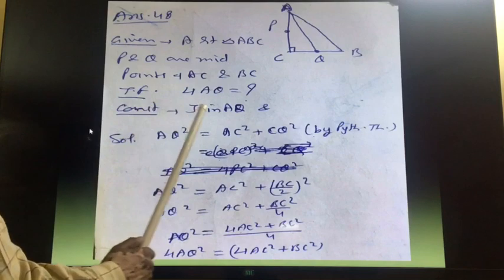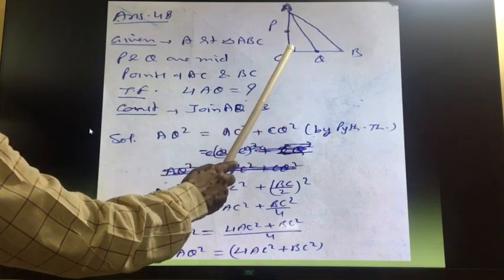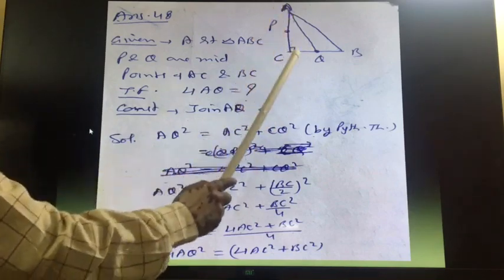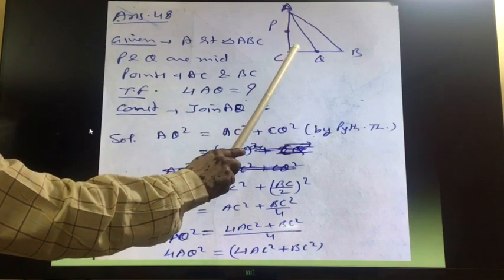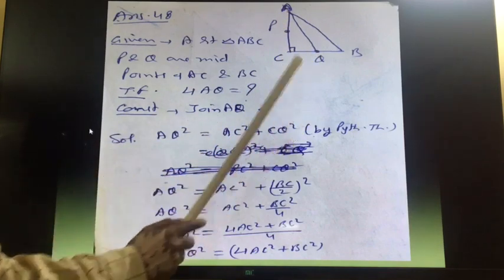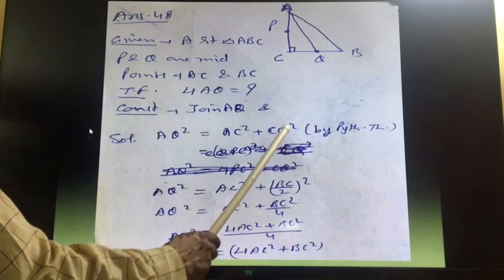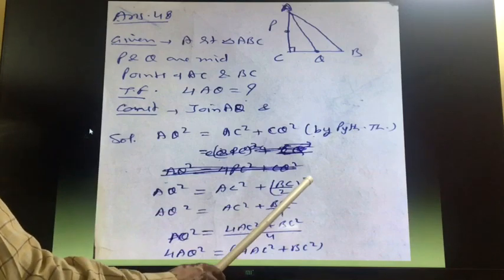So for this we will join AQ, and because this angle is 90 degrees, in triangle ACQ we can apply the Pythagoras theorem. So hypotenuse AQ square is equal to perpendicular AC square plus CQ square, base square. So by this you will get AQ square is equal to AC square plus, in place of CQ we can write BC upon 2 whole square. Why?